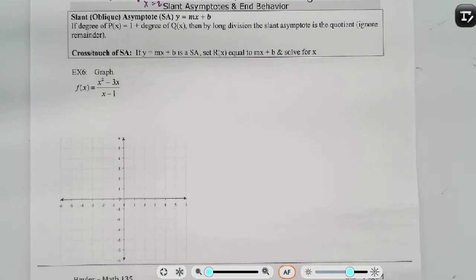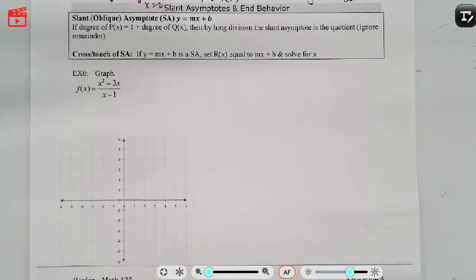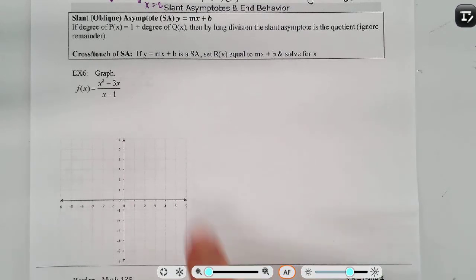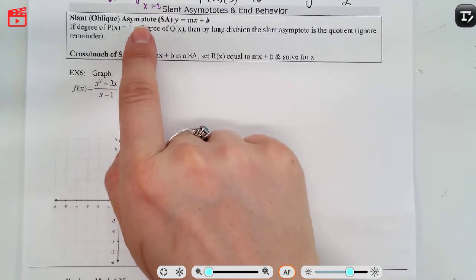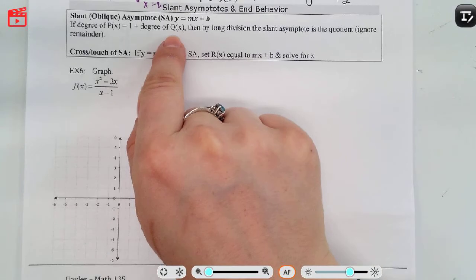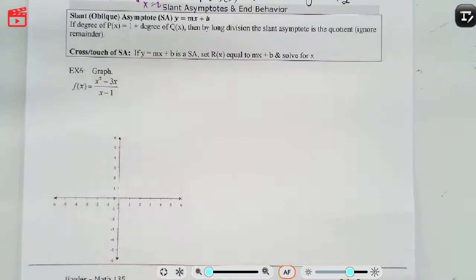Okay, so slant asymptotes and the end behavior. Slant asymptotes are what we would have instead of a horizontal asymptote. If we're looking at our function, and we see that the degree of the top polynomial is 1 plus the degree of the bottom polynomial, then we use long division to find the equation for the slant asymptote.